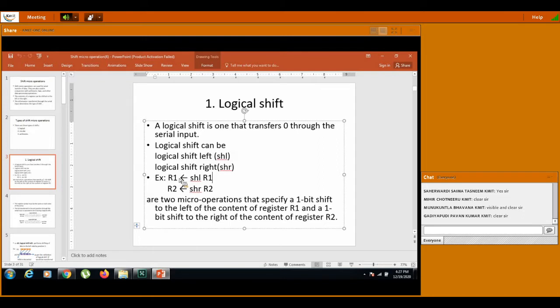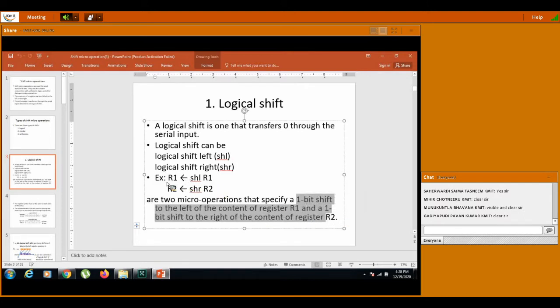So you are shifting R1 to the left. You are saying R1 gets SHL R1, that is register R1. In the same way, you are shifting the bits in R2 to the right side with the logical shift, called SHR R2. These two micro operations specify a one bit shift to the left of R1 and a one bit shift to the right of R2.